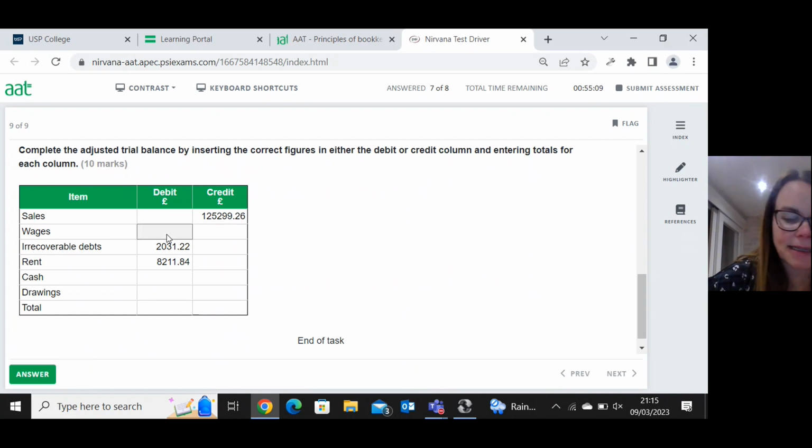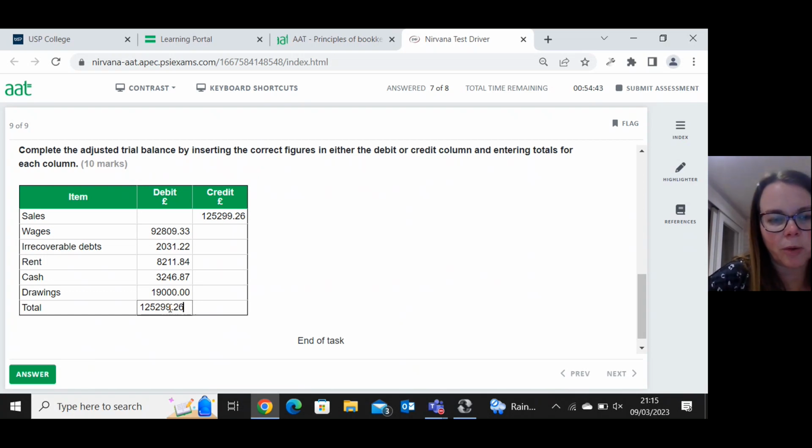Wages is a debit. Cash, 3246.87. Obviously cash is an asset, which is why it's a debit. Drawings 19,000. And then in this one, add them up.